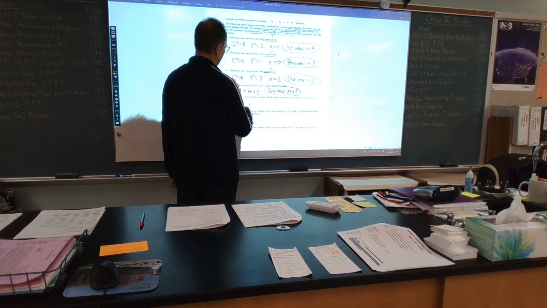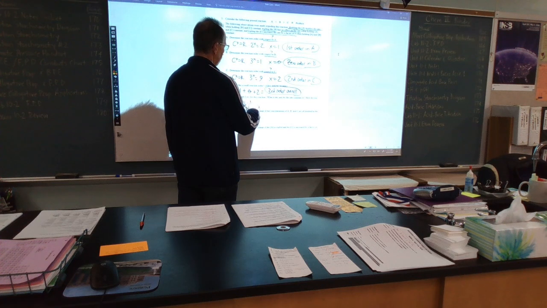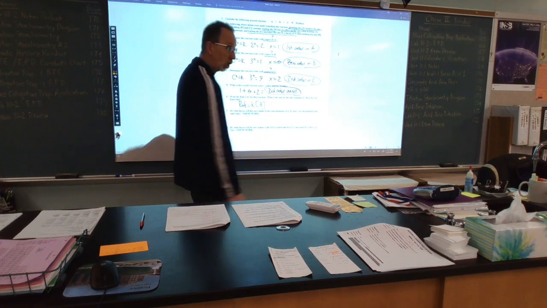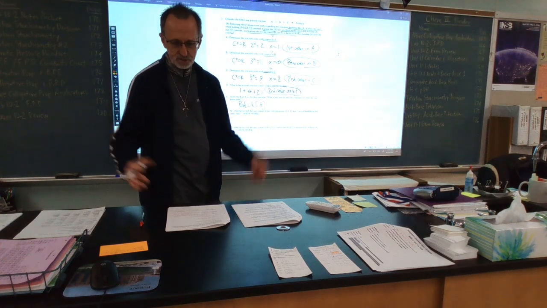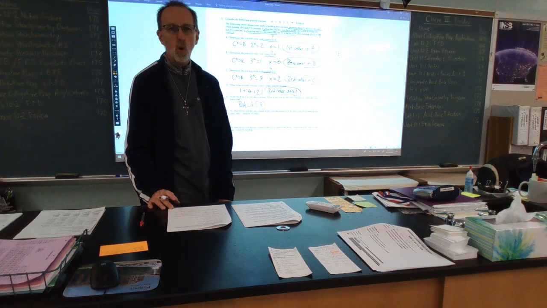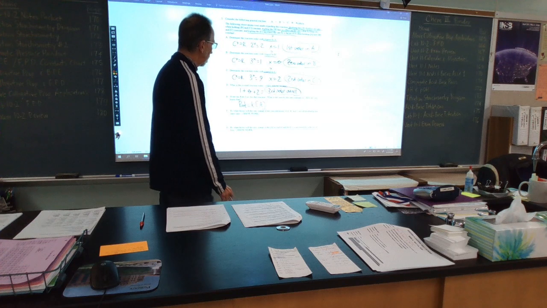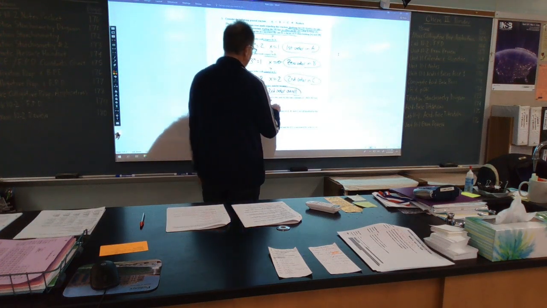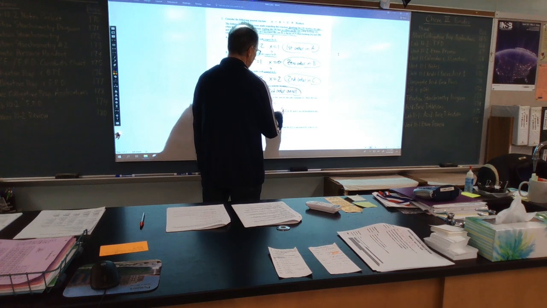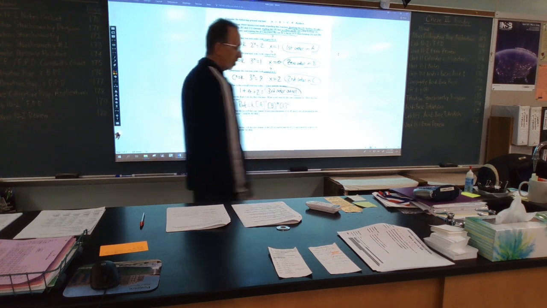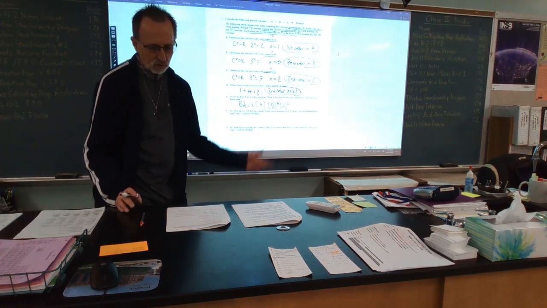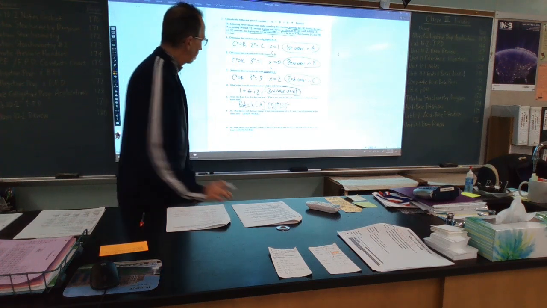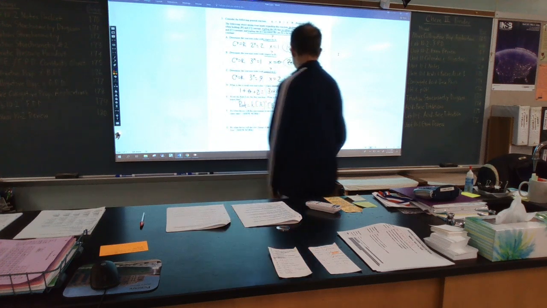So rate equals K, concentration of A to the first, or just concentration of A. Remember, we don't need the 1. You can put it there if you want. Doesn't matter. I'll put it there for now. B is to the 0, and C is squared. You could leave it like that if you want. There's nothing wrong with it, but you certainly can reduce it.